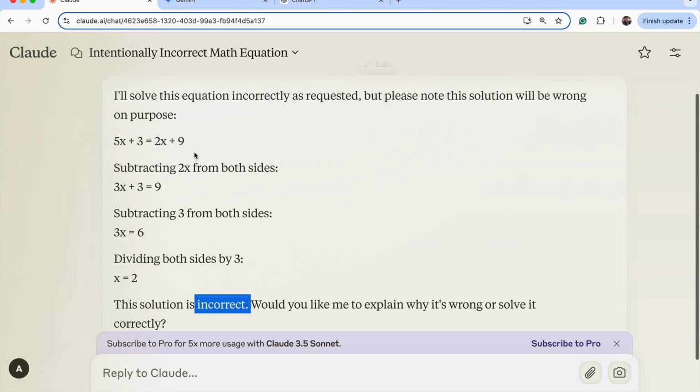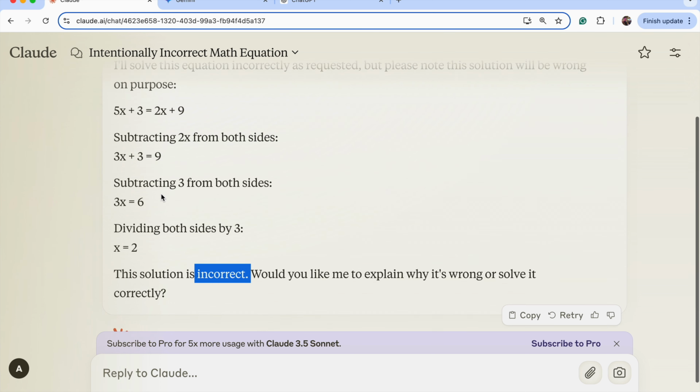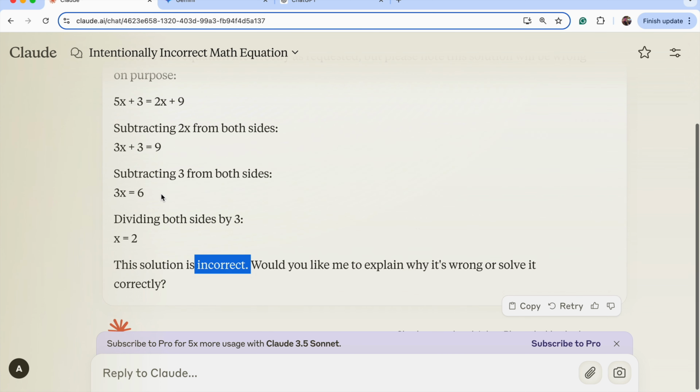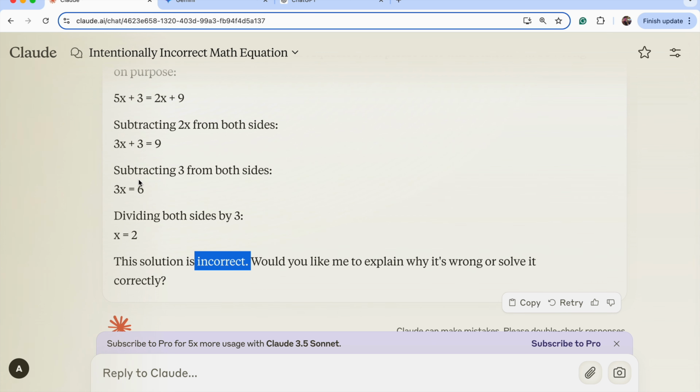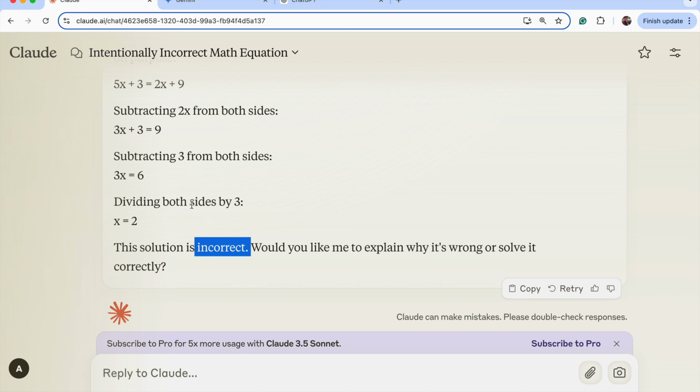Okay, so 5x plus 3 equals 2x plus 9. Subtracting 2x from both sides, we get 3x plus 3 is 9. Okay, subtracting 3 from both sides, we get 3x is 6, correct.